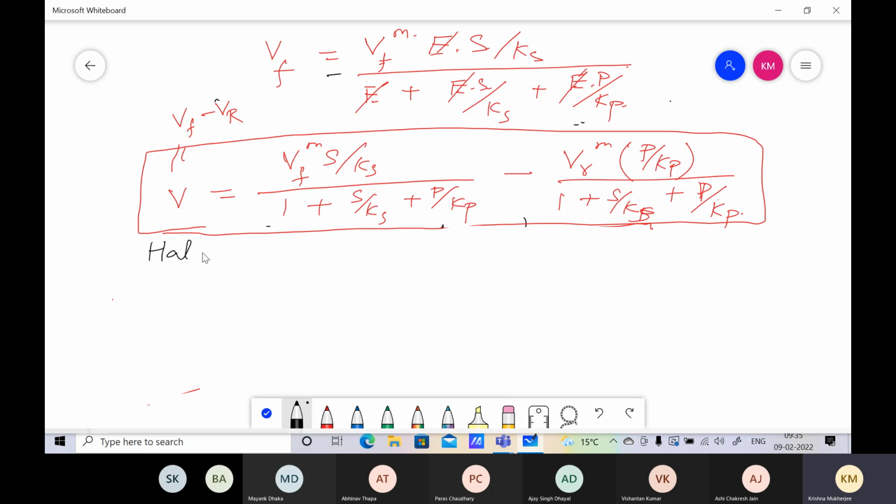Haldane seems to have done a lot of work, so he brings in the Haldane equation. The Haldane equilibrium relationship is nothing but the fact that delta G is very, very small. So at some point at equilibrium, what would you have at equilibrium?